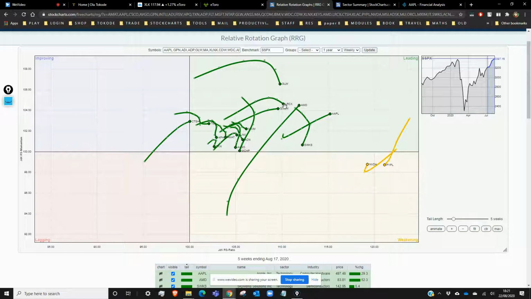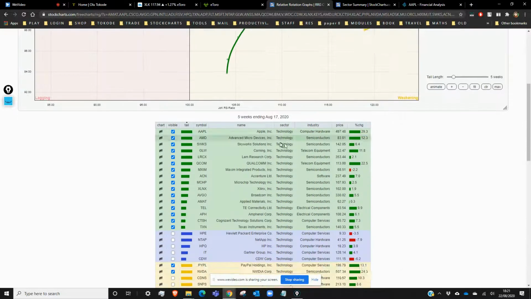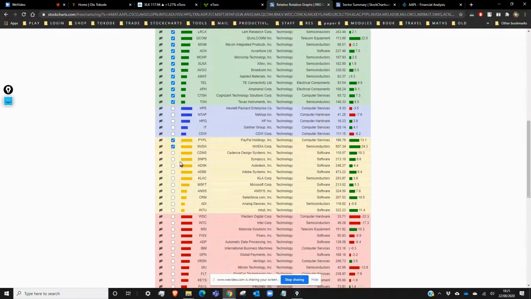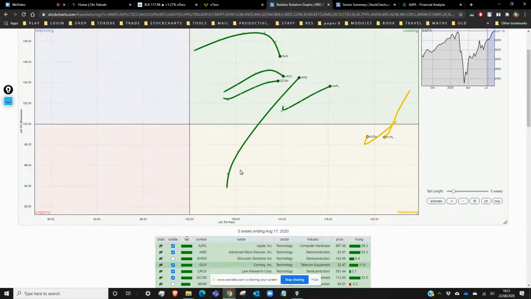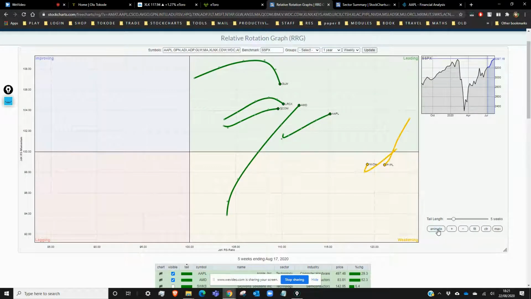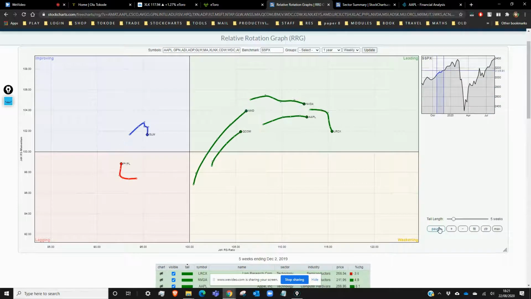That's Lam Research. Okay, I'll take these ones out. And SWKS. SWKS is gone. MXIM, ACN, MCHP, this. So all of these are gone. I'm left with this. Animate.